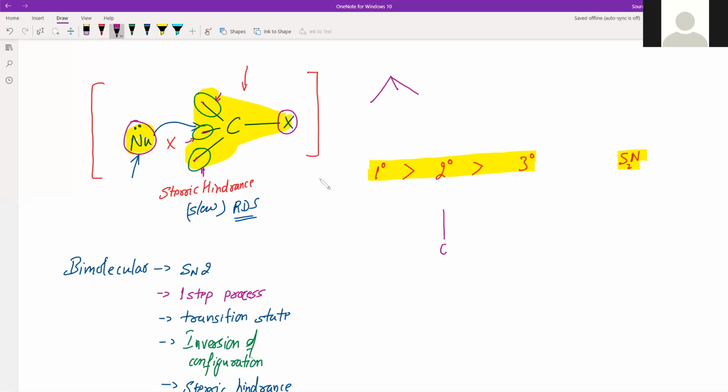The one which is on top of the paper, suppose you are seeing your screen, you can imagine that as the bond which is coming out from that carbon towards you. That we will represent like this, like a wedge.